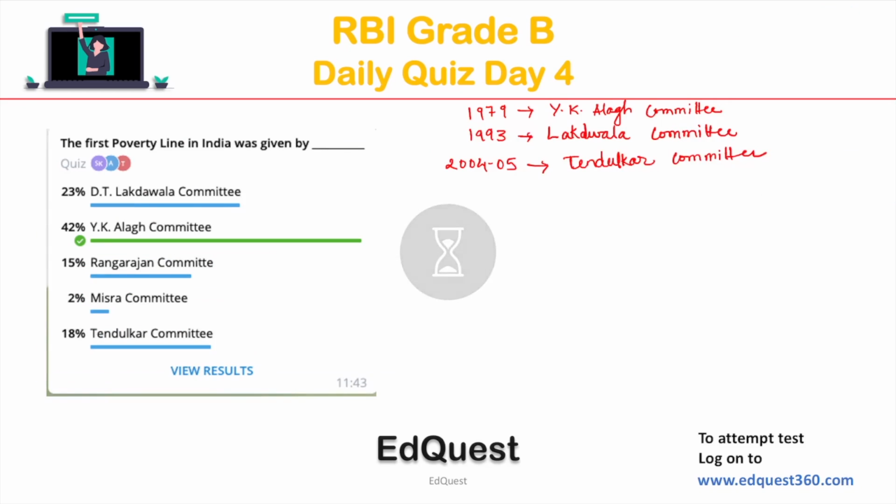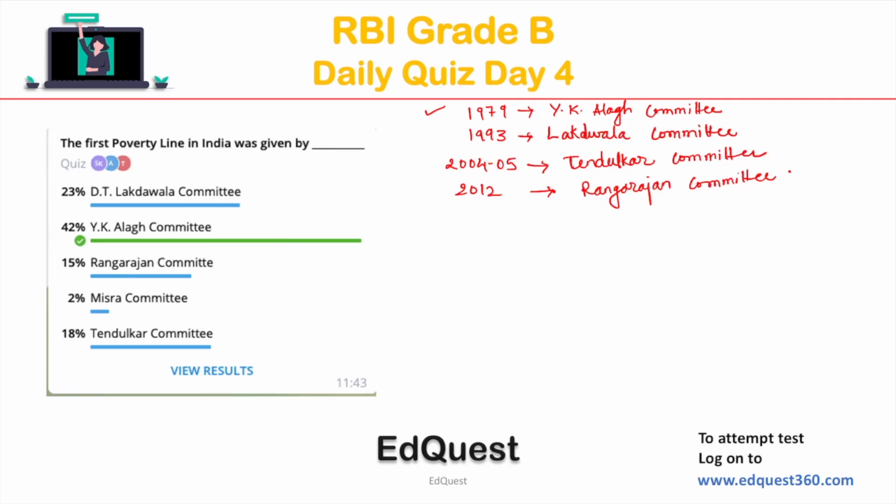And in 2012 there was the Rangarajan Committee. So the first poverty line was given in 1979 by Y.K.